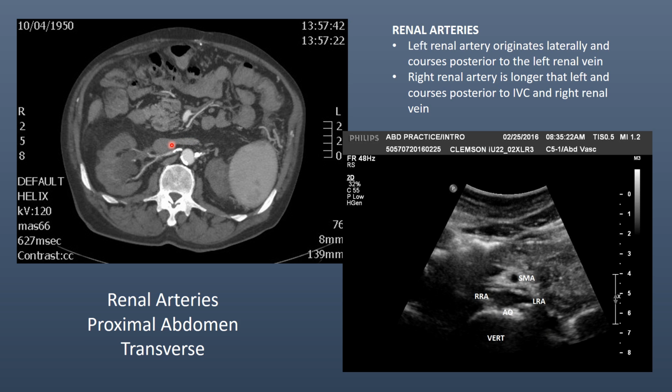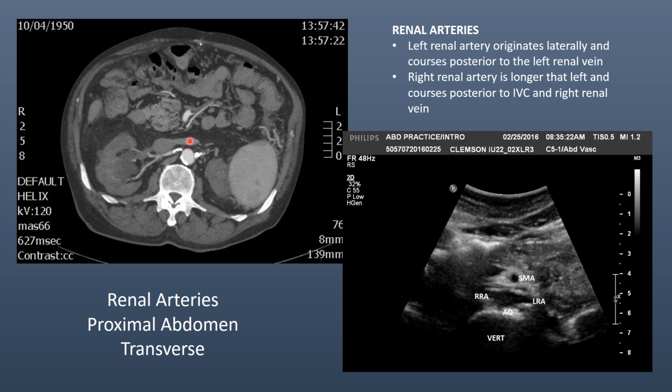Now, one thing you need to notice is the relationship here between these vessels. You have the right renal artery, which courses posterior to the IVC and posterior to the right renal vein. On this side, the left renal vein is going to be anterior to the left renal artery and also anterior to the aorta.